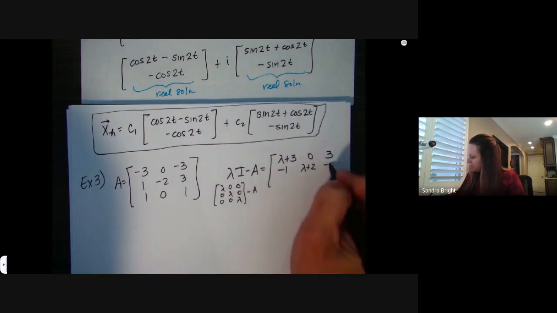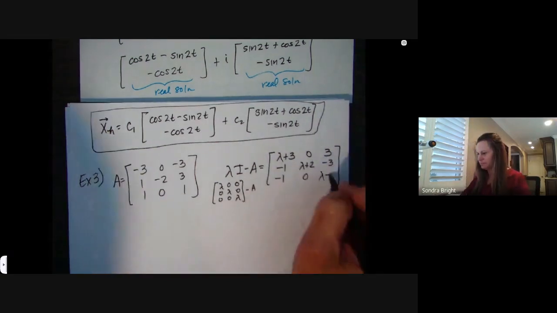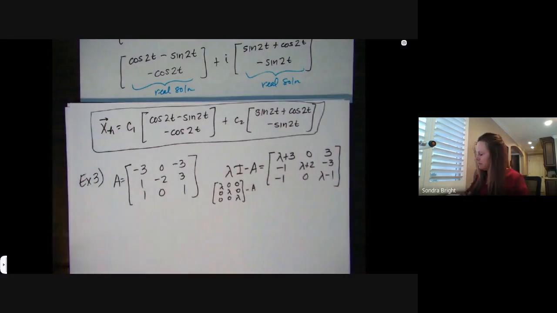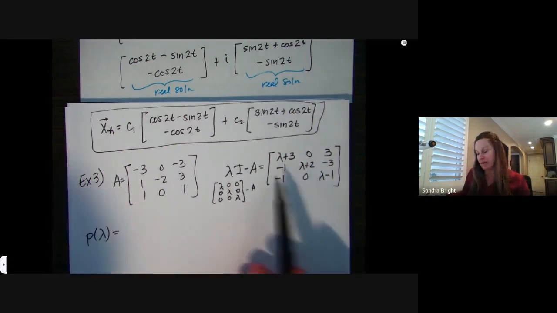Third row would be 0 minus 1, 0 minus 0, and then lambda minus 1. All right, so we need to find our characteristic polynomial by finding the determinant of this guy.